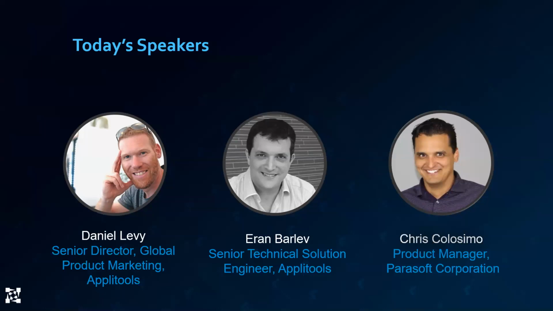And then I am going to, my name is Chris Colosimo, I'm the product manager at Parasoft. I'm going to show you how we can reduce maintenance for Selenium test cases using AI. So with that, I think it's a pretty good agenda. I'm going to go ahead and hand it over to Daniel to get us started.